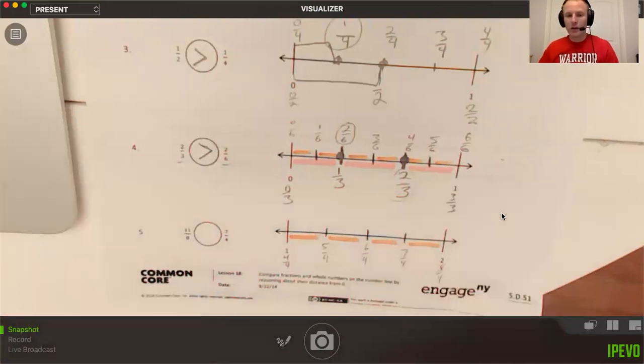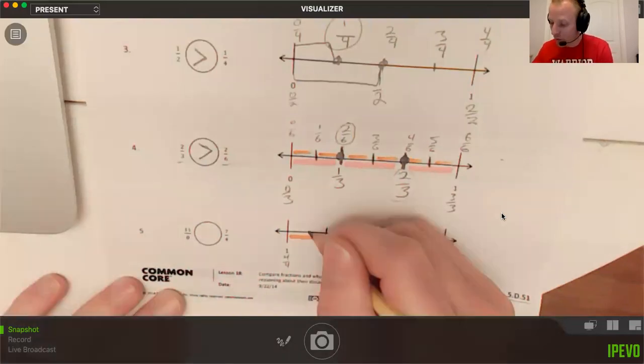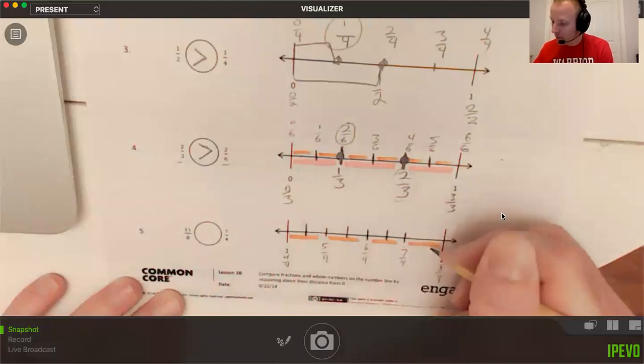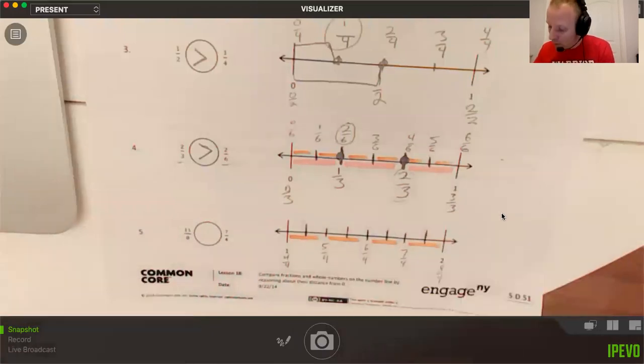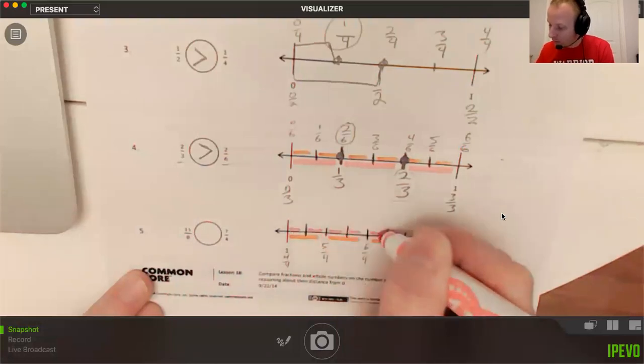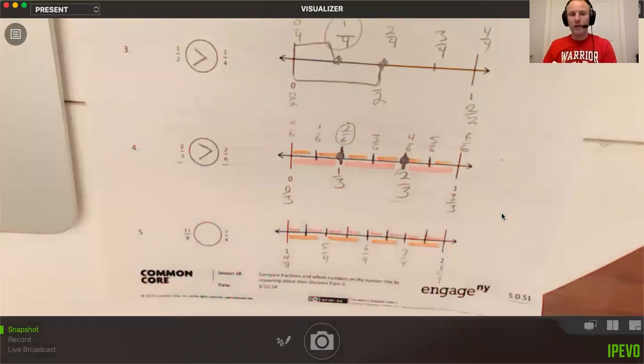Okay. And now eighths are twice as small as fourths, which means I have to take each fourth and divide it in half again. And you can see that I have 1, 2, 3, 4, 5, 6, 7, 8. I have 8 sections in pink there.